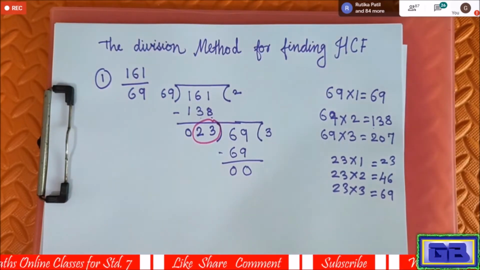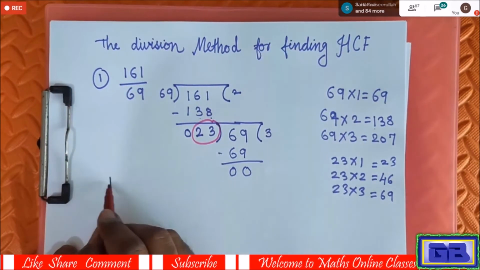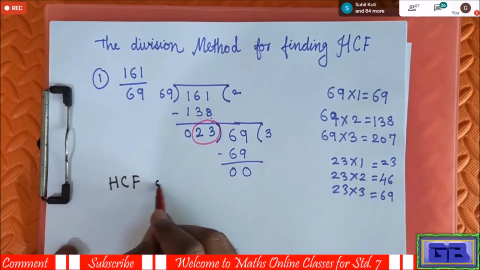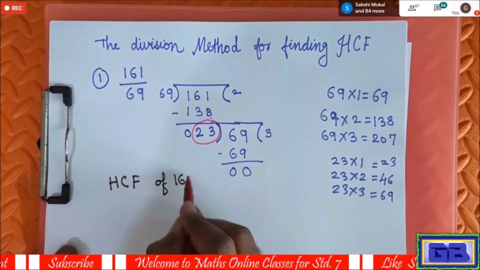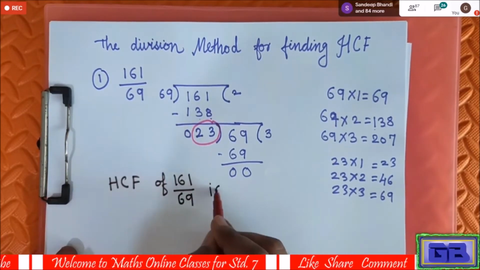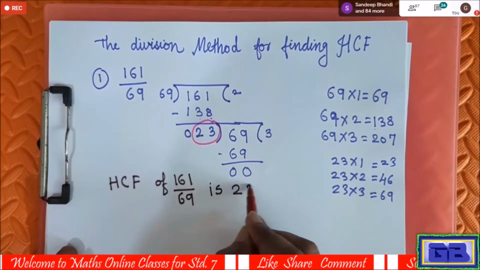So you can write HCF of 161 by 69 is 23.